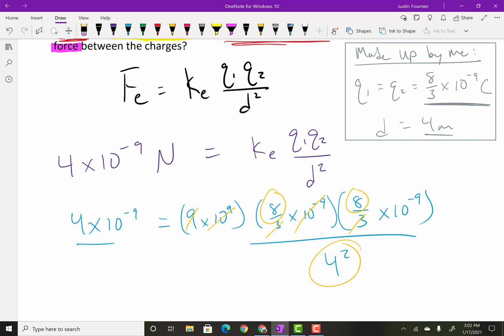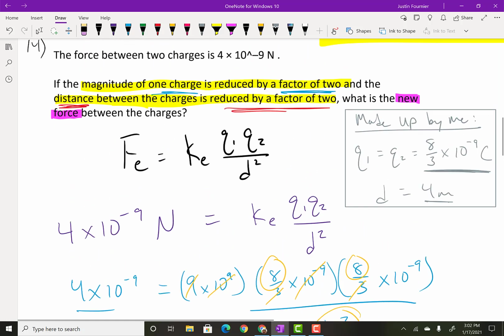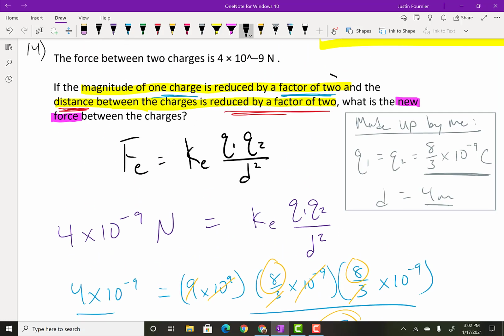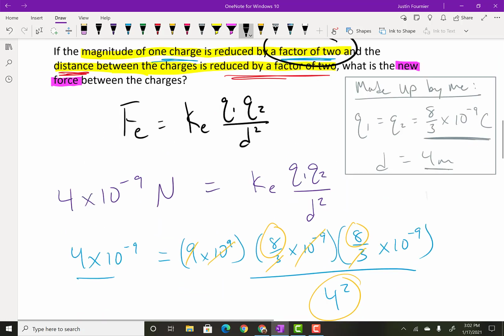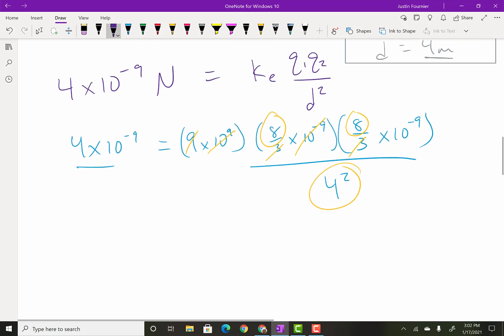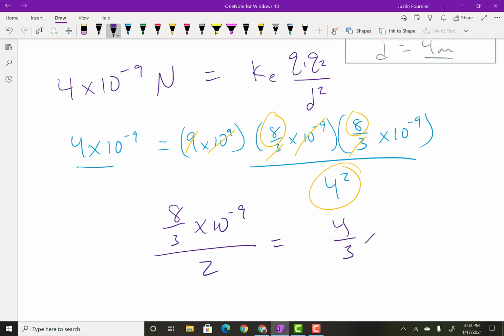And now with these numbers, it says I have to reduce one charge by a factor of 2. So reducing 8 over 3 times 10 to the negative 9 by a factor of 2 is essentially going to give me 4 over 3 times 10 to the negative 9.